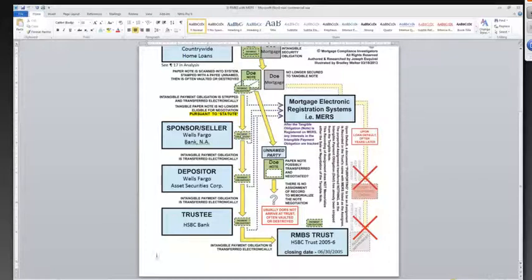Now, understand, when we're talking about the note, we're talking about the tangible promissory note. And when they're coming forth to collect under a blank endorsement, we're talking about the note. We're not talking about rights acquired to enforce. So 3205 says, hey, I've got it. It's a bearer instrument.